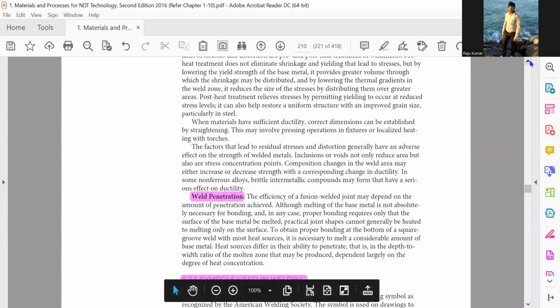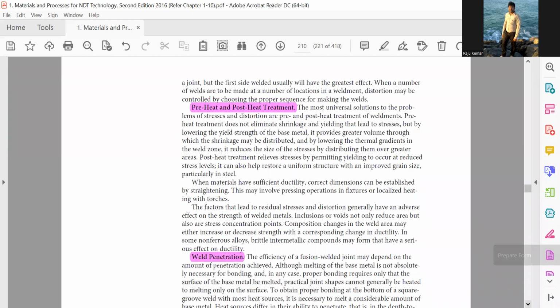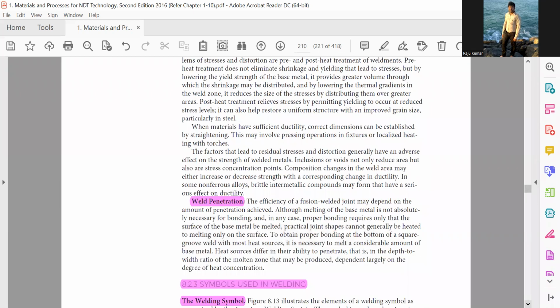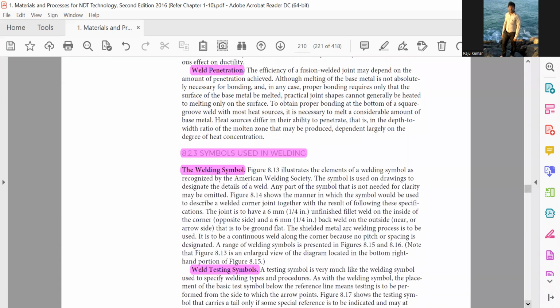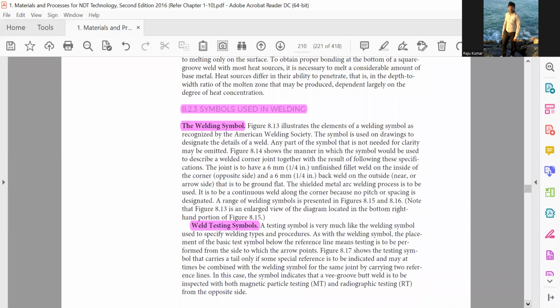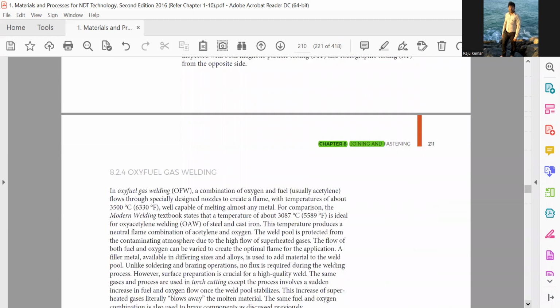For post heat, to remove the residual stress, if you maintain at that temperature, some recrystallization happens and you remove the stress and all. Welding symbols, weld testing symbols.